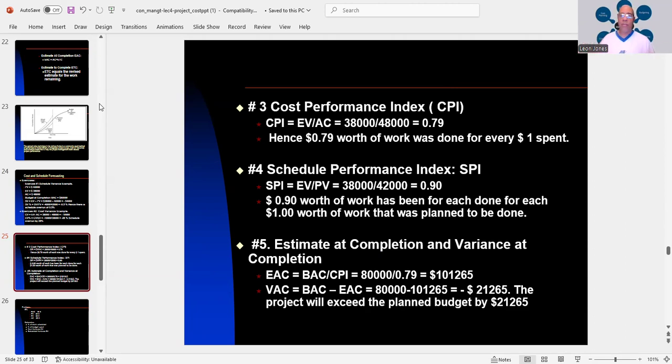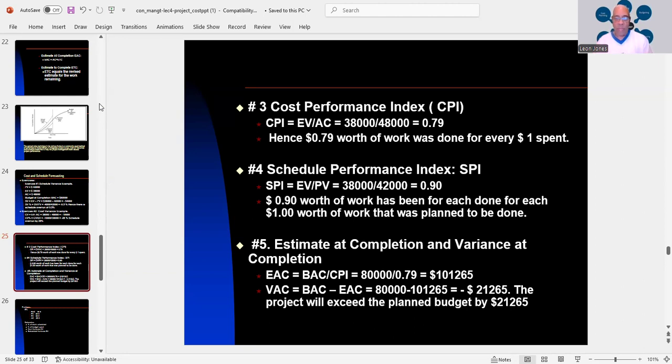And then you have your estimate at completion and variance at completion. So you have EAC equals BAC divided by CPI: 80,000 divided by 0.79 gives you about $101,000. However, when you put it in the formula, you're going to get a negative number, which is your VAC.